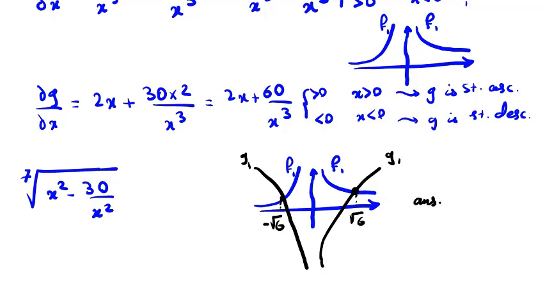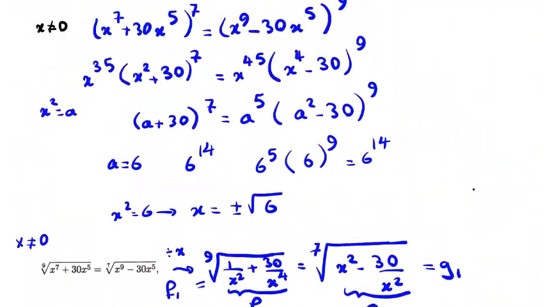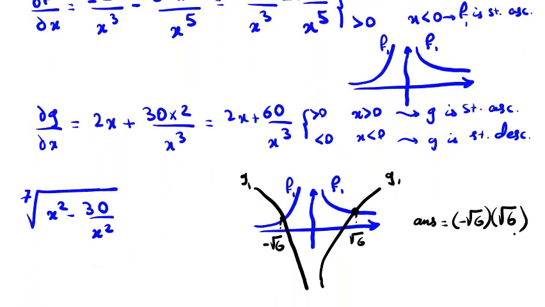So the answer was the product of real non-zero roots, negative root 6 and root 6, and also I think it was the absolute value floor of that. Let's check. Yes. So you should consider absolute value floor because it is an integer. It is exactly the same number. The answer will be 6.